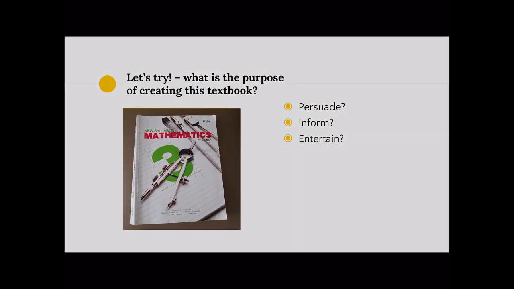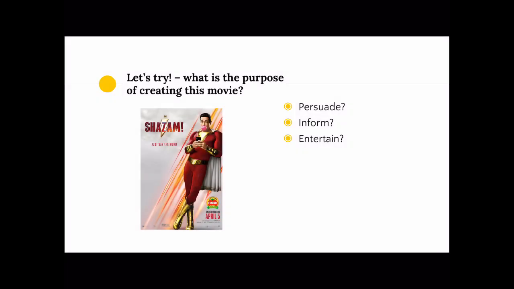And the last one, what's the purpose of creating this movie? Is it to persuade, to inform, or to entertain? For most movies, films, television shows, etc., it's made to entertain so that your audience will enjoy things. But something to note: not all movies, films, music, etc. are purely for entertainment.